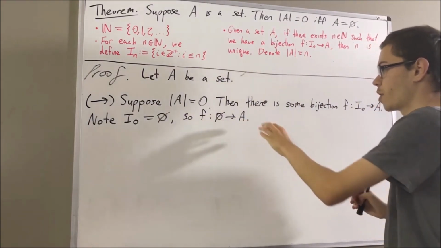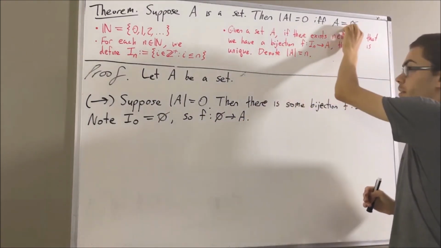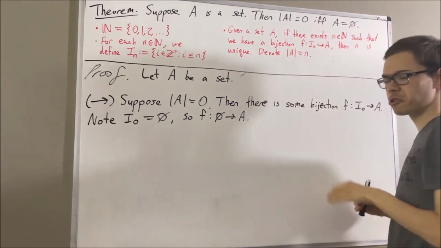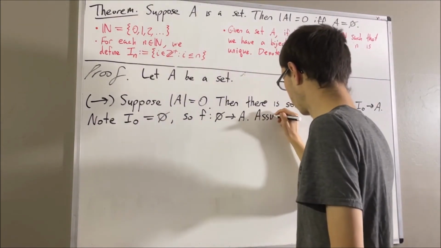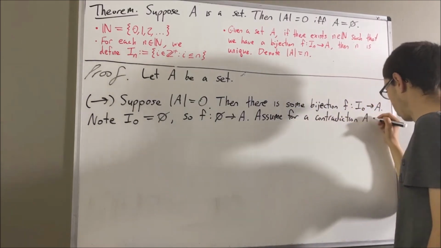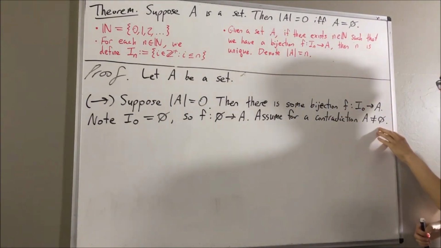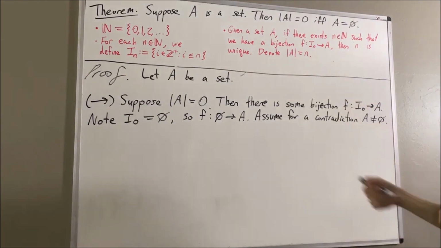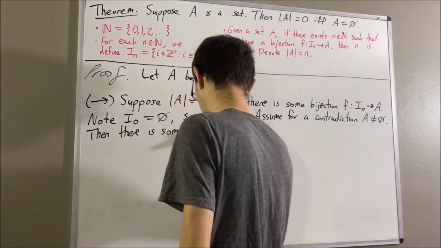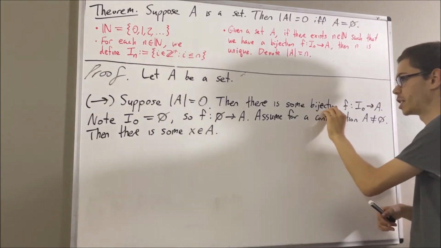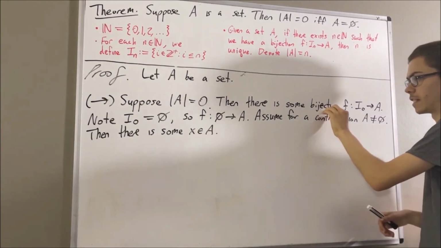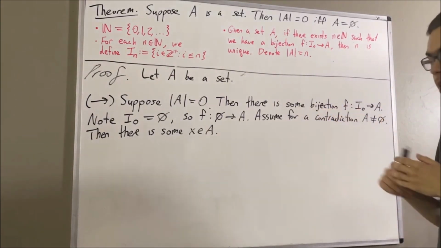Now, we're trying to prove that A is empty. So, assume for contradiction A is non-empty. Well, since A is non-empty, this means that there is some element x in A. However, since F is a bijection, we know that one of the things that means is that F is surjective.